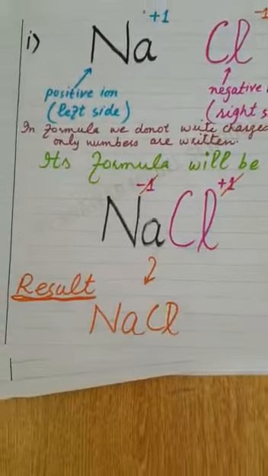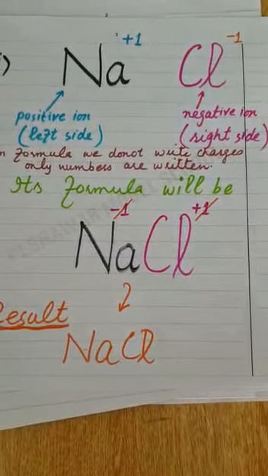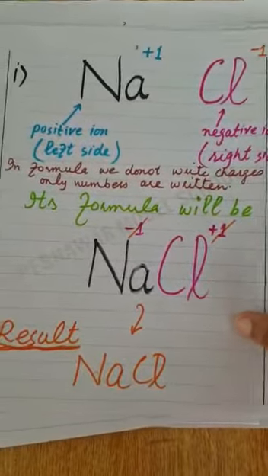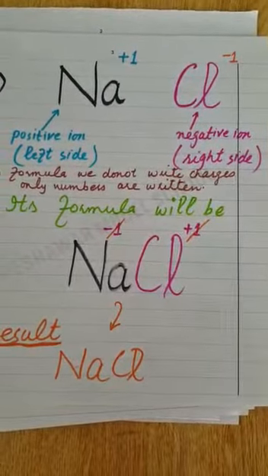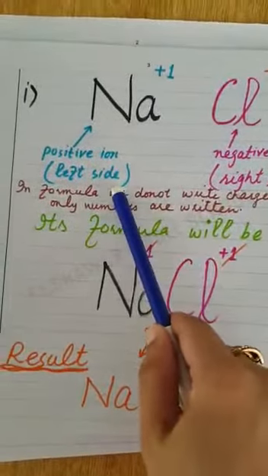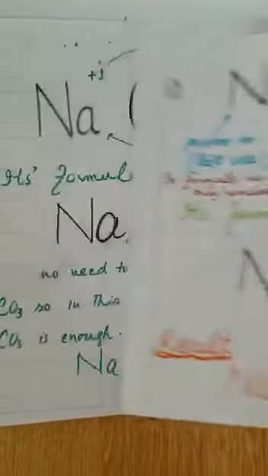As a result, the formula for sodium chloride will be NaCl. So this method is known as the crossing over method. Keep it in your mind, this is very interesting. It is very important to note that the positive ion will always be on the left side and the negative ion on the right side of the formula.